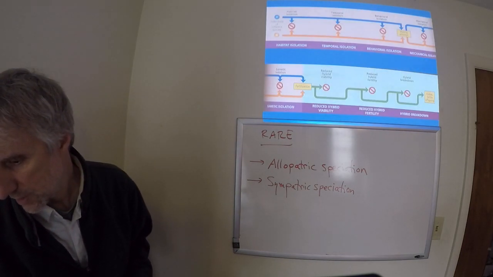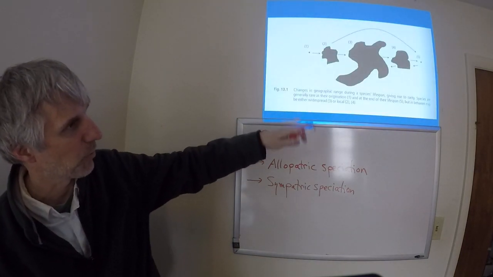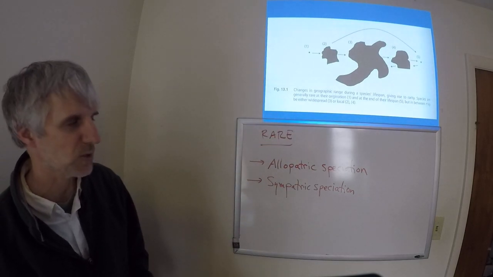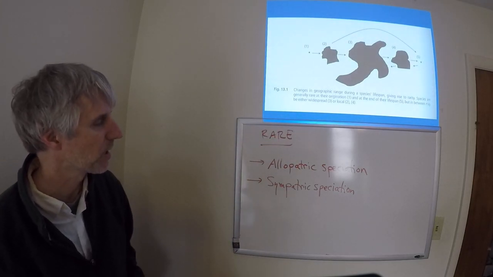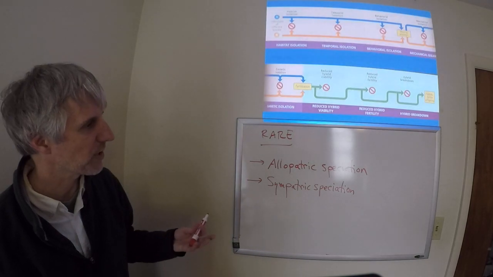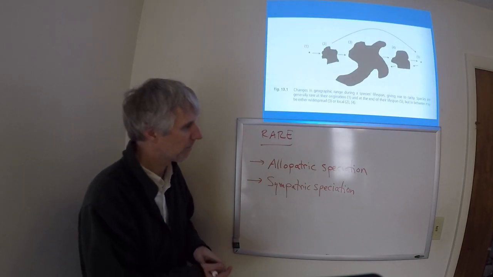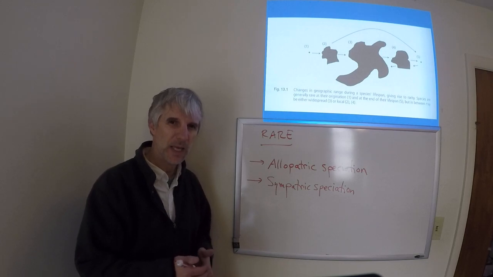So before we continue on with this kind of rarity and what it means for a species, kind of ecological principles, let's just refresh ourselves on allopatric and sympatric speciation.